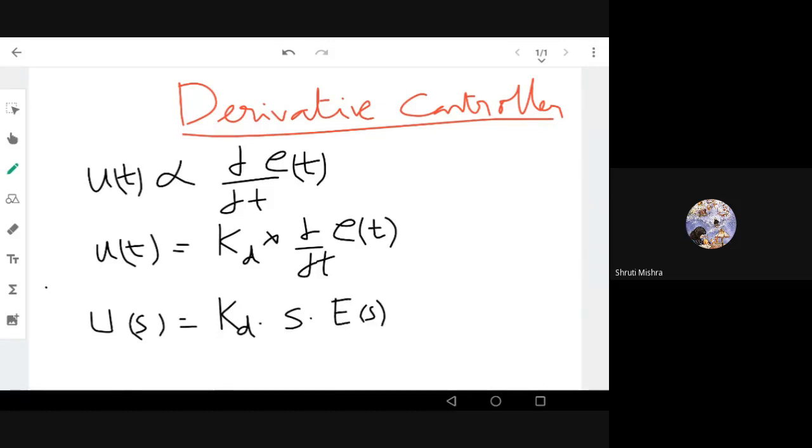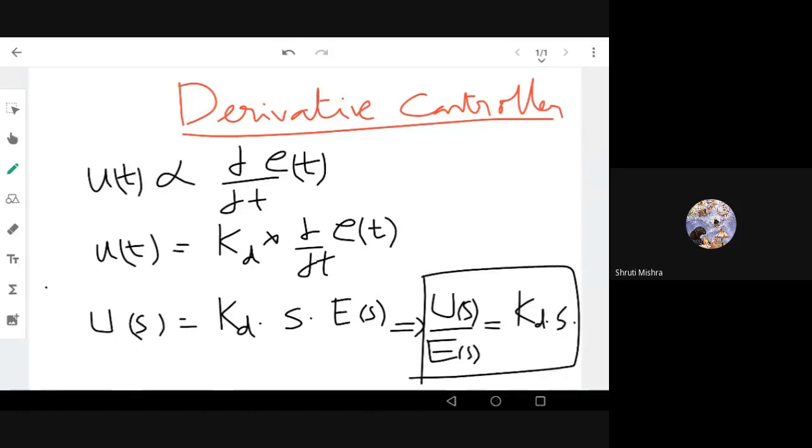We derive the transfer function, output U(s) by input error E(s), which is nothing but Kd into s. This is the transfer function of a derivative controller. The only thing is that s is multiplied by the derivative constant Kd.